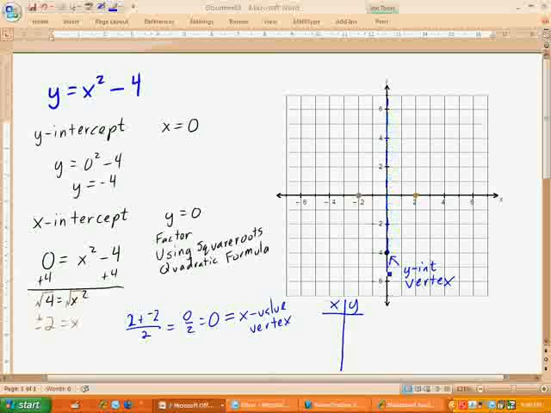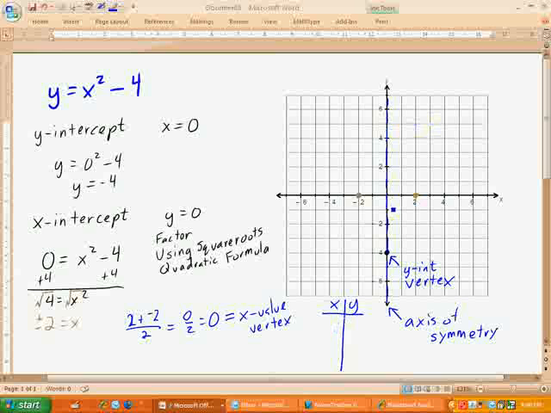It's always a vertical line. And the vertex is always on that line, and the axis of symmetry acts like a mirror. You'll notice that one x-intercept is 2 spaces away over there. The x-intercept is 2 spaces away on that side. So any points I find on this side are going to be mirrored over on the other side.